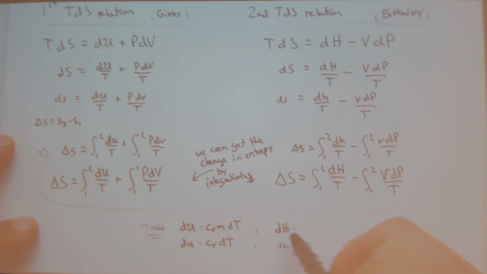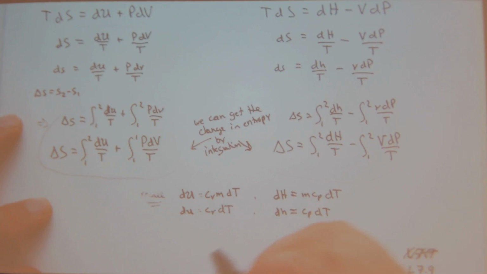Likewise, dH equals Cp dT. Or by the other definition, CV equals the partial of U with respect to T at constant volume, and CP equals the partial of H with respect to temperature at constant pressure.